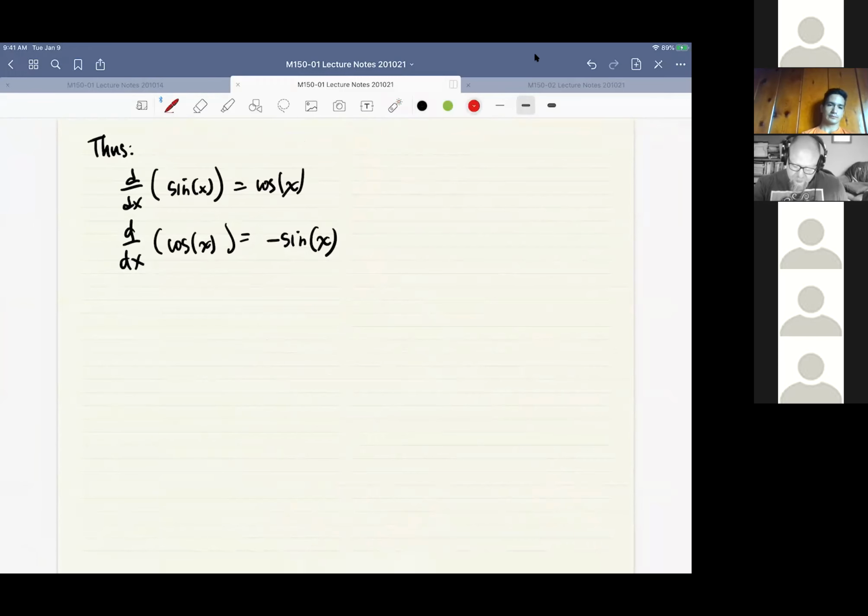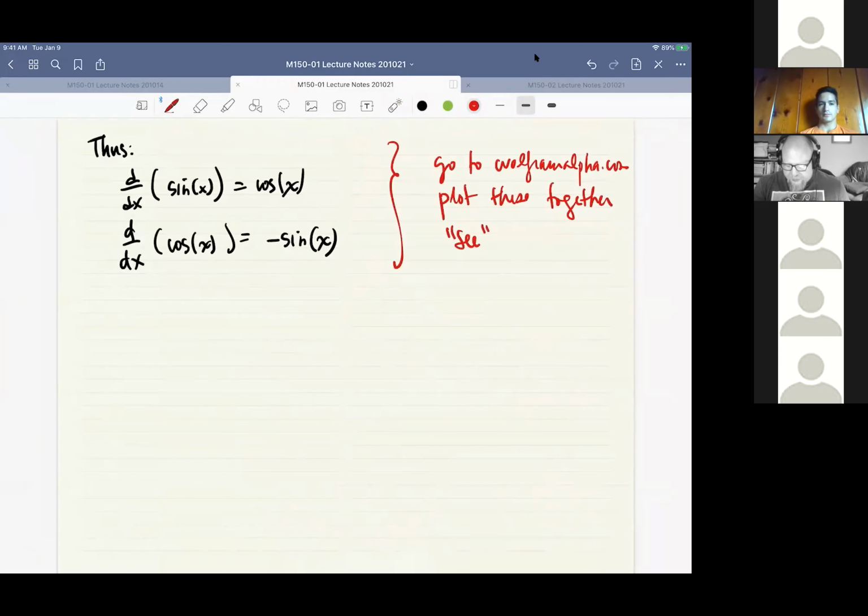I would strongly recommend that you go to something like Wolfram Alpha and plot these together and see that it works. Look and see that, indeed, the cosine has all the signature elements of being the derivative of the sine, a function that gives you the slopes of the tangent lines to the other function. So go do that. That's a good exercise for you.